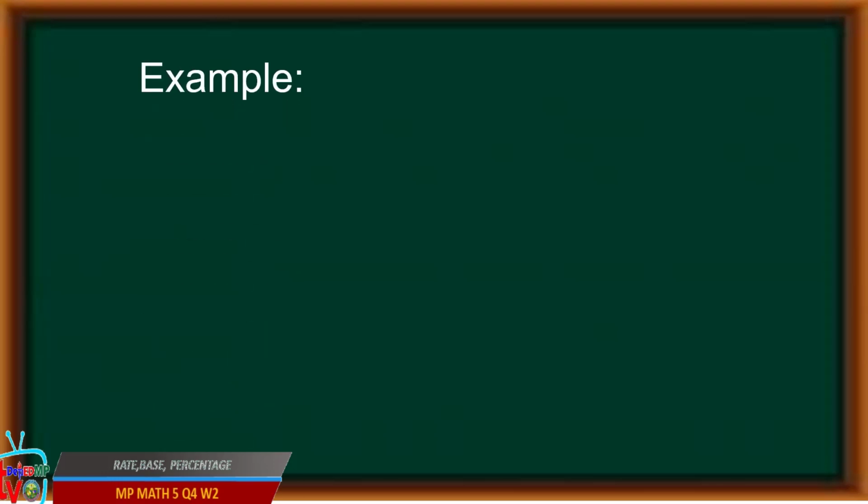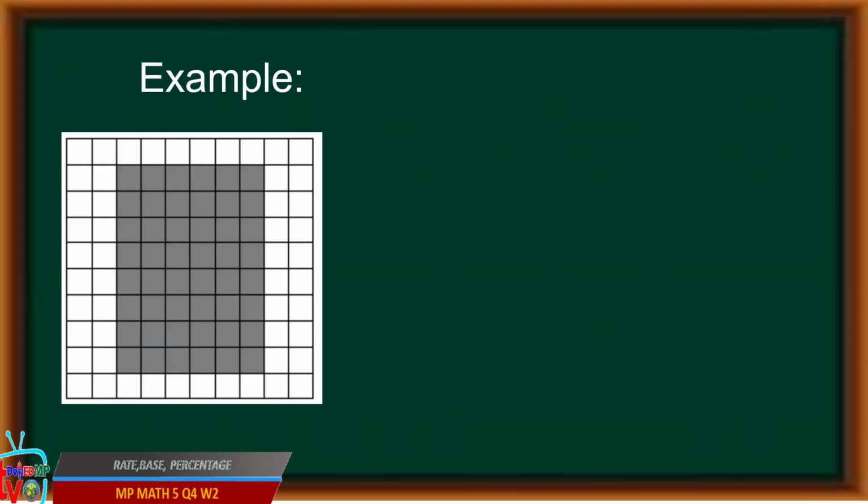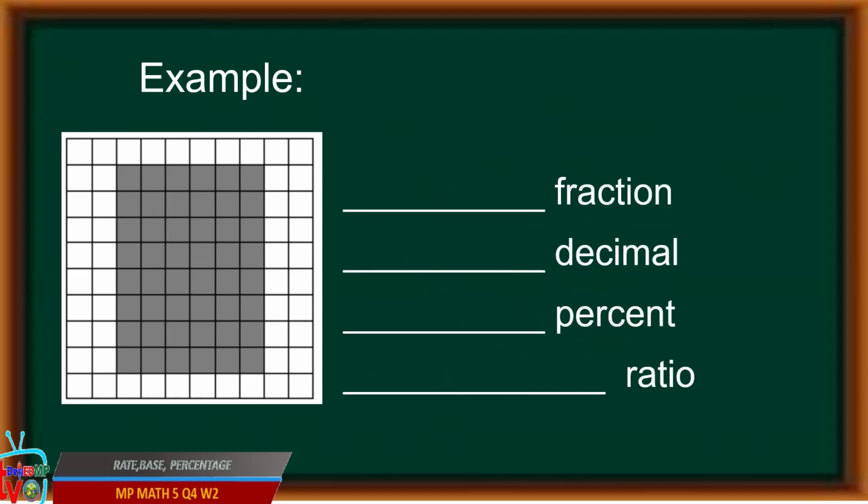Let's first have this example. There are 100 squares and 48 squares are shaded. So for the fraction, we have 48 over 100. But you need to reduce this to its simplest form. We divide both numerator and denominator by 4.